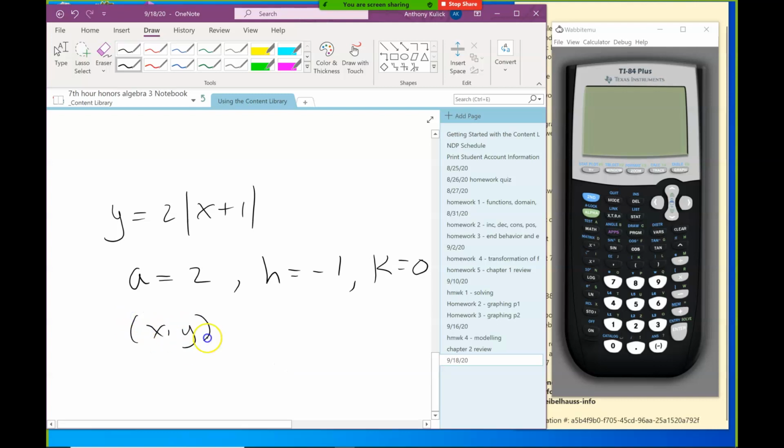So the map that I make every time, x plus h, a y plus k. Right, so there's nothing being added on to the end outside of the absolute value. So k is definitely 0.